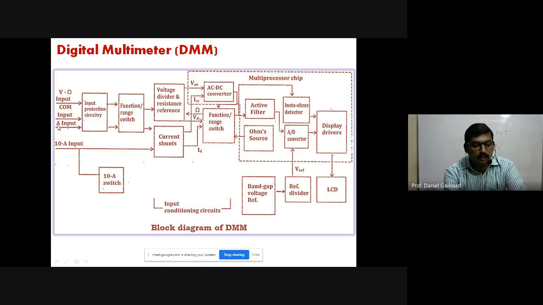A means ampere, and here we have a 10 ampere input. So voltage, resistance, input common. Then we have the input for current, A input, and suppose we have a range of 10 ampere, then we have a separate input here, for higher current range.